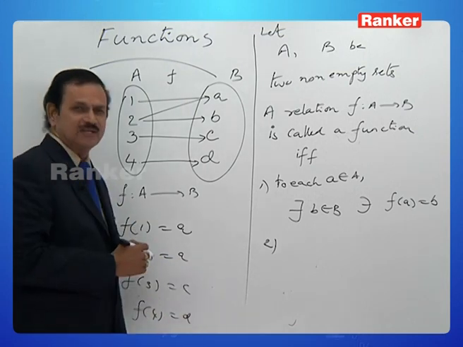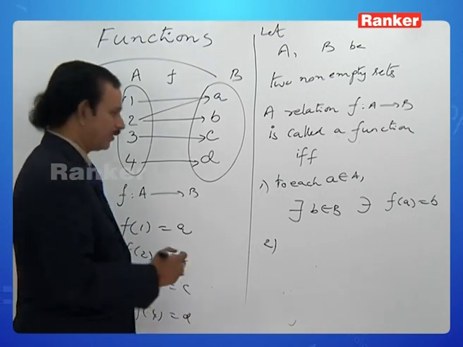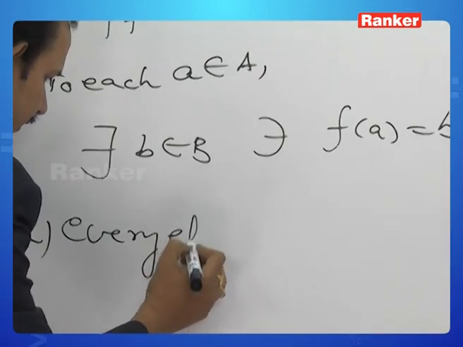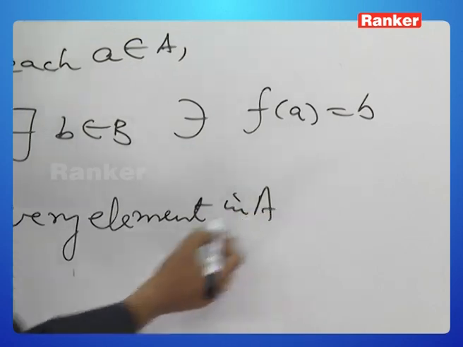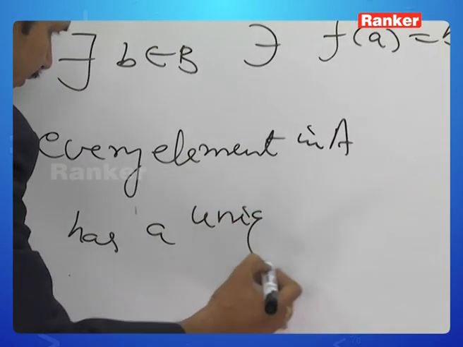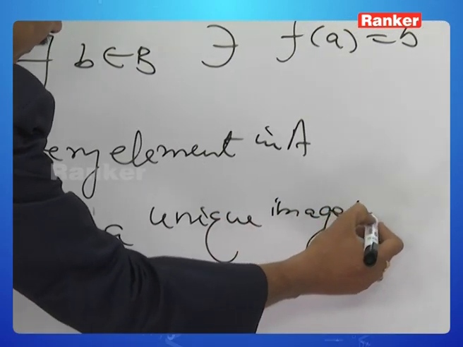Every element of capital A has a unique image in B. Okay? Every element in A has a unique image in B.